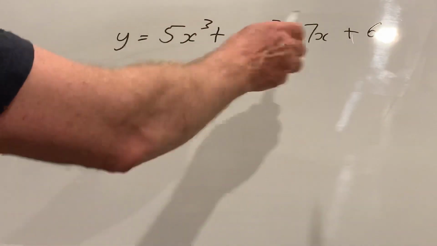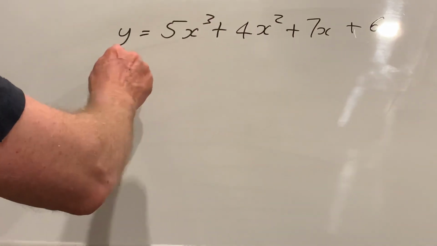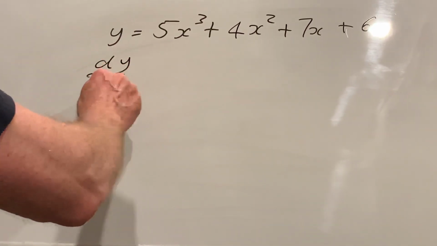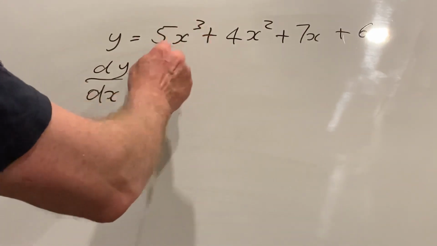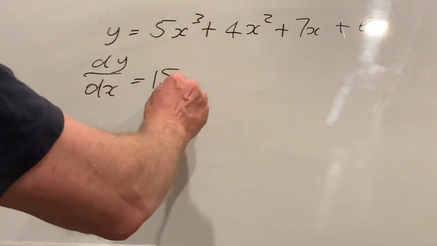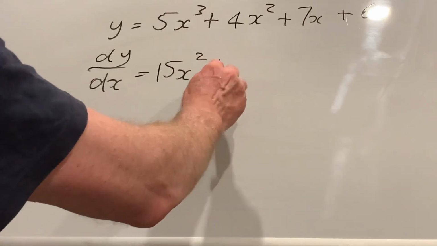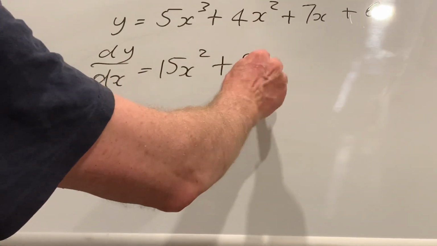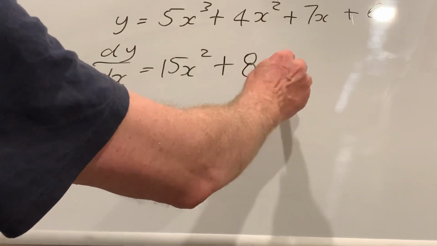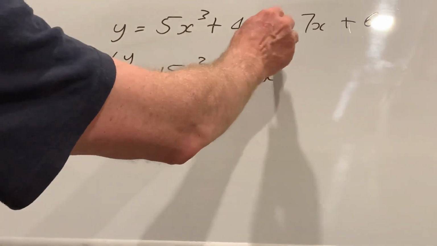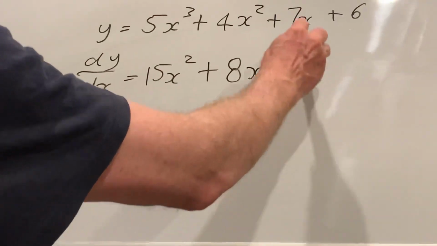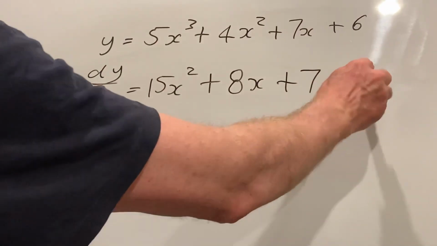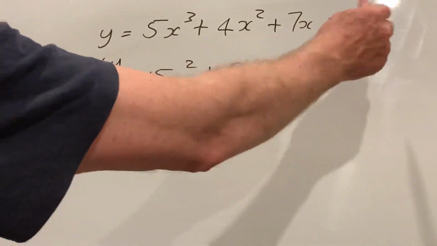Well, the differential of that, if you differentiate this equation, dy/dx equals 15x squared plus 4 2s are 8, 8x to the 1, 2 minus 1 is 1, 3 minus 1 is 2, plus 7, and that doesn't count, it's out.